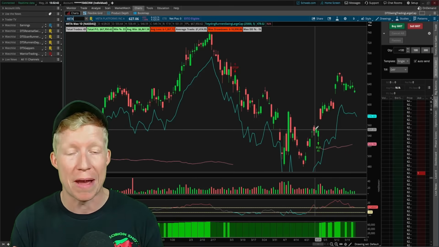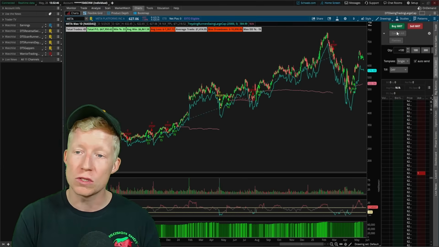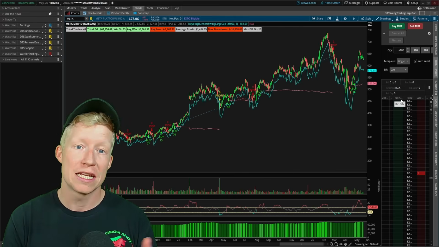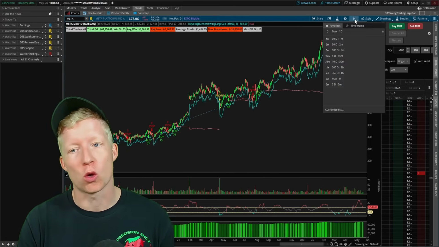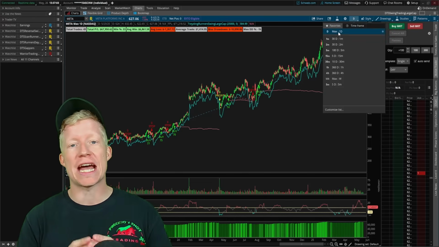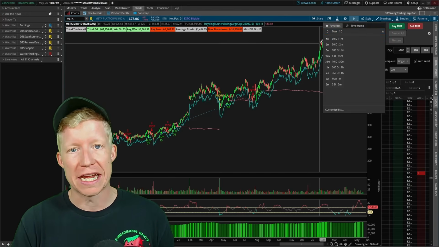It's going to have no impact on Meta. So I am very comfortable just using the buy and sell market when I am trading larger stocks such as this. This is, of course, a swing trading strategy, so I am running the daily time frame here, and I'm just looking at the max available time allocation on my daily charts.